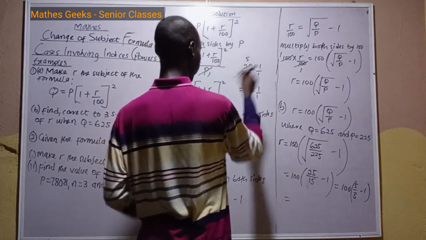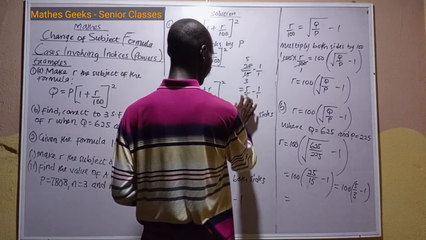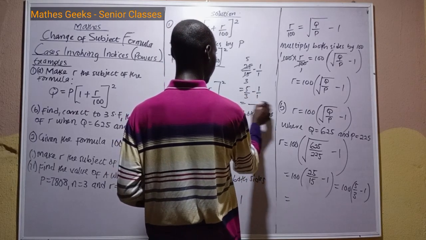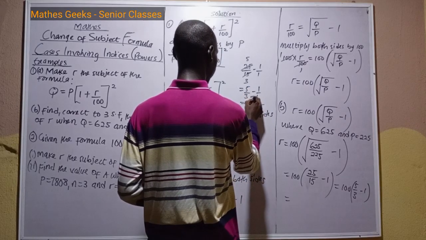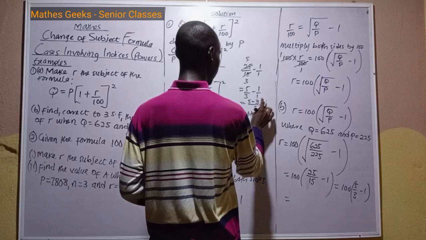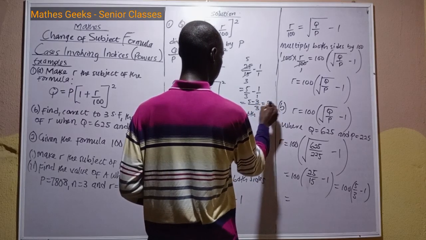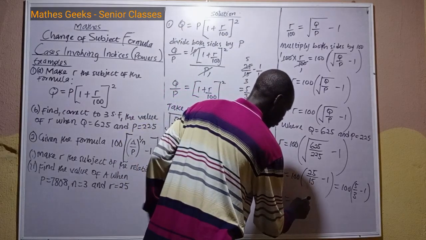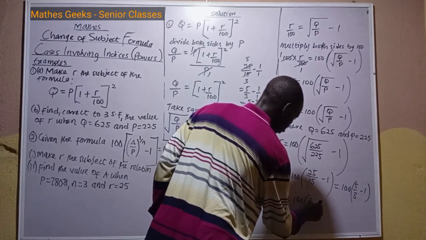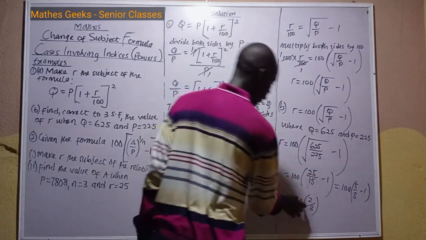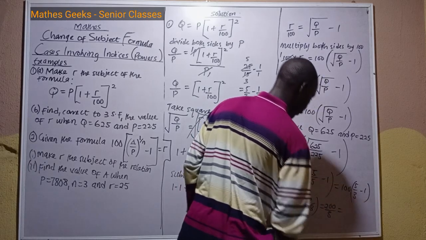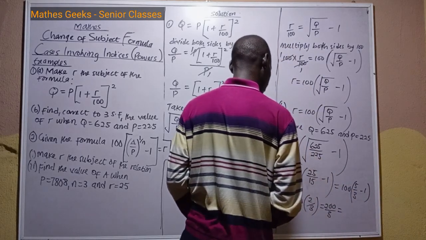So now let's go for the simplified form of this fraction. The LCM is 3. 3 into 3 is 1, so 1 times 5 is 5; 3 into 1 is 3, 3 times 1 is 3. So 5 minus 3 is 2 over 3. So that's 100 times 2 over 3, so 100 times 2 is 200 over 3.